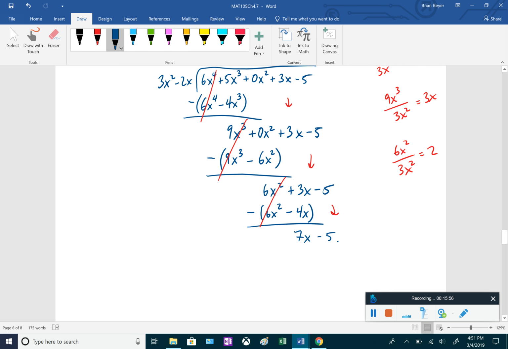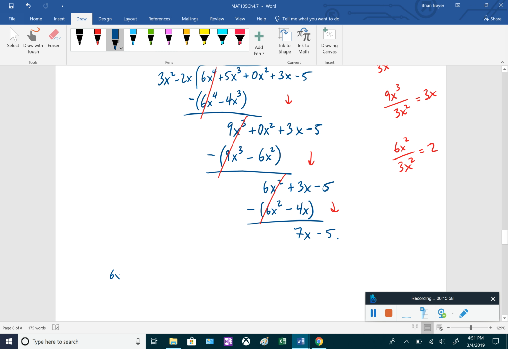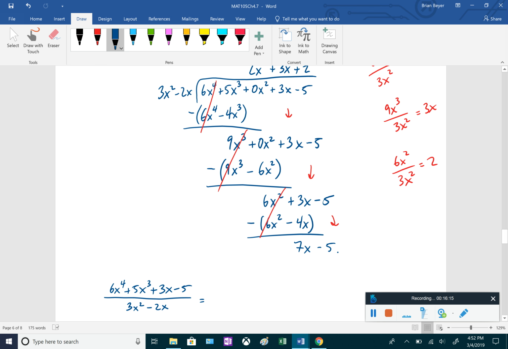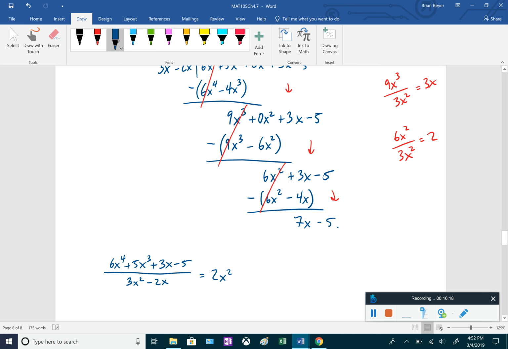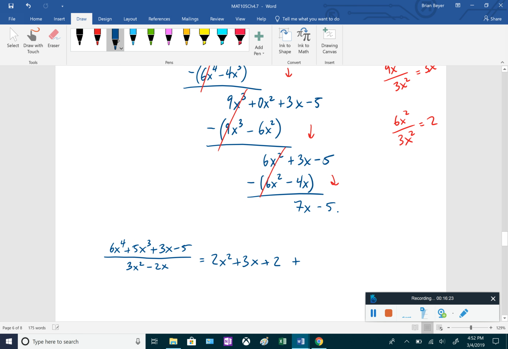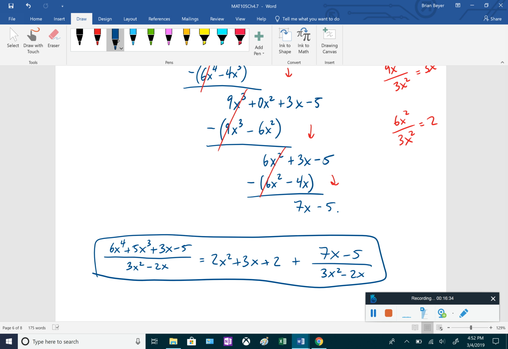So writing this in terms of the division algorithm, it's going to be 6x to the 4th plus 5x cubed plus 3x minus 5 divided by 3x squared minus 2x is going to equal the quotient 2x squared plus 3x plus 2 plus the remainder over the original divisor. Okay, so that is our answer.